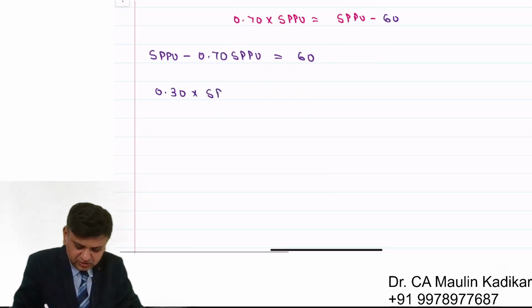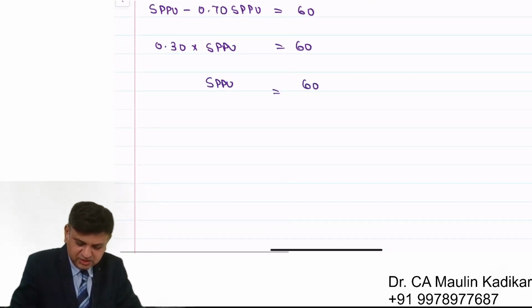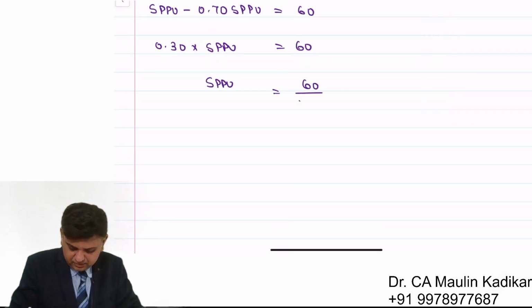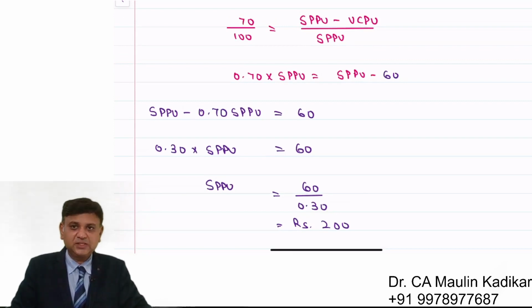So 0.30 selling price per unit is equal to 60. Selling price per unit is 60 divided by 0.3. So I think it comes to rupees 200. This is the way we compute the selling price. So that is 200.